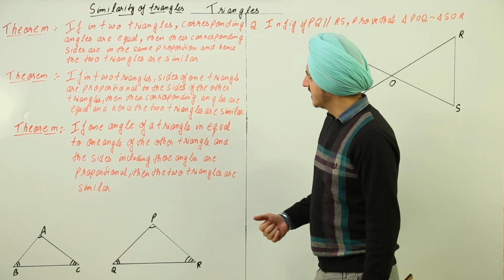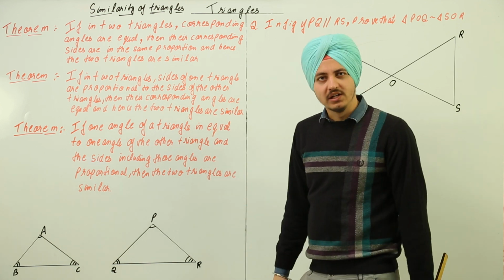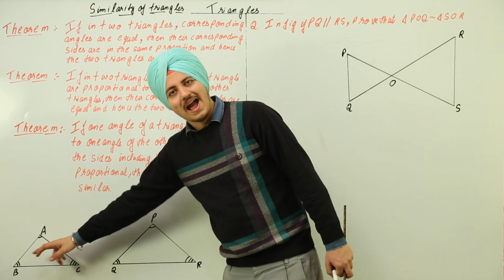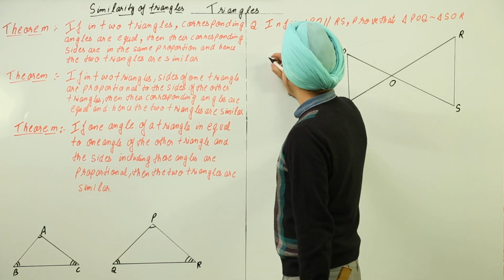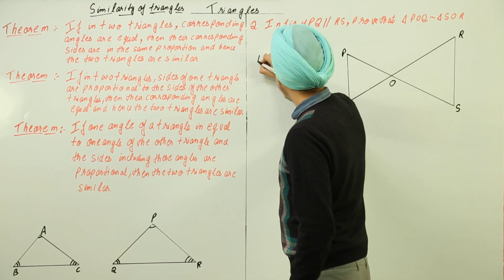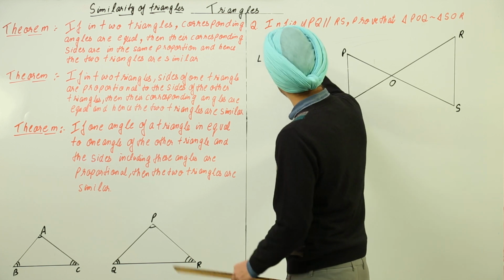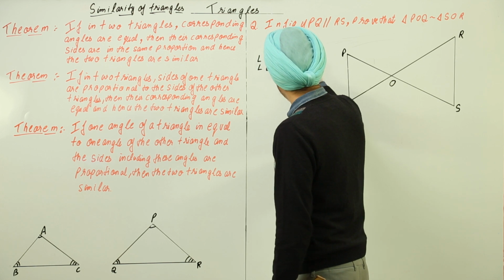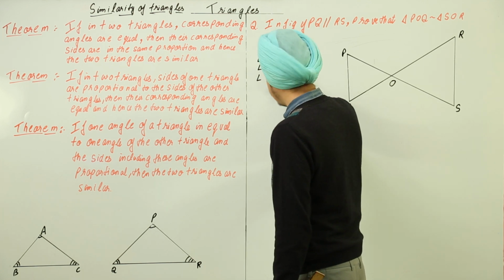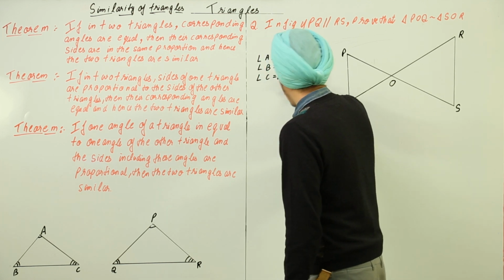The first theorem says that if corresponding angles are equal, which means angle A is equal to angle P, angle B is equal to angle Q, and angle C is equal to angle R.